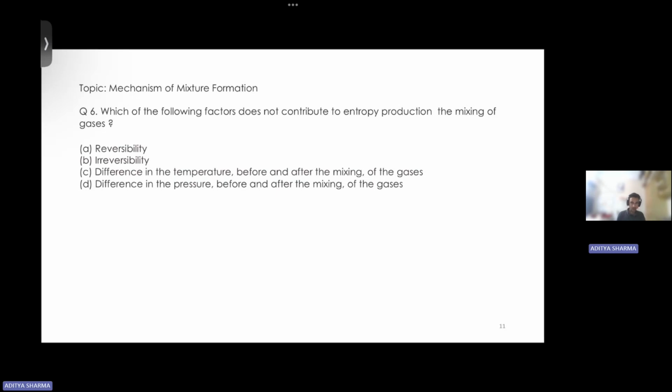Okay, so the question says that which of the following factors does not contribute to entropy production in the mixing of gases?